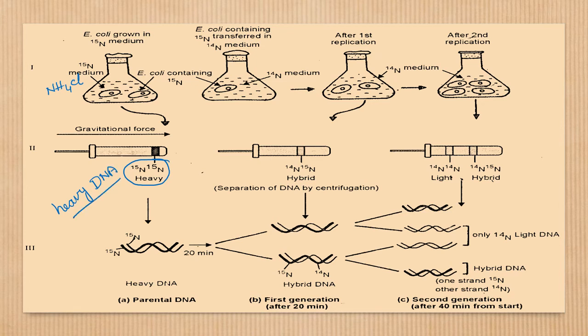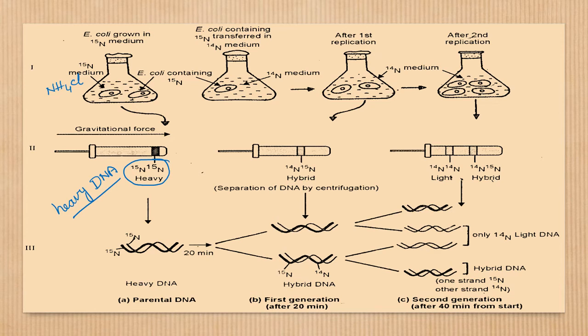So heavy DNA. Here in this diagram, heavy DNA is shown with the newly synthesized strand as a dark line, and a light line indicates the old one, so the two DNAs are distinguished by the dark line and the light line.